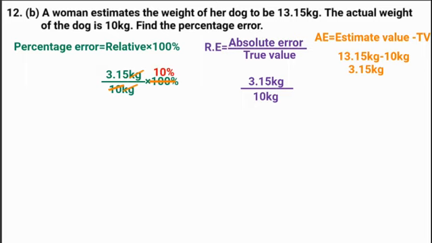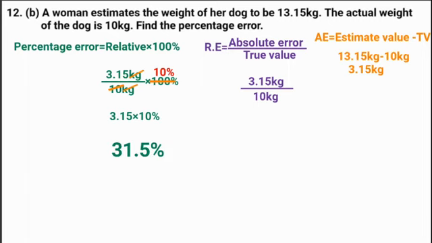Then I write what I'm remaining with. I'm remaining with 3.15, the kgs have been cancelled out, which will be multiplied by 10%.